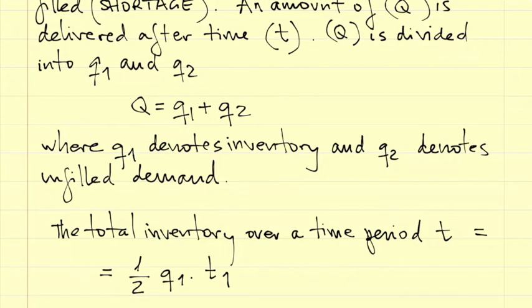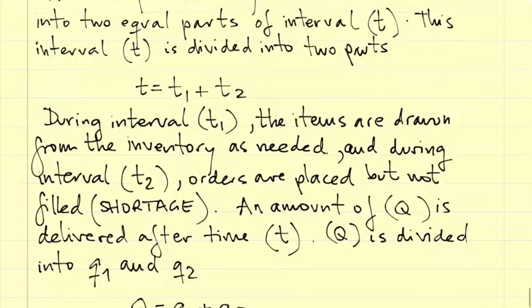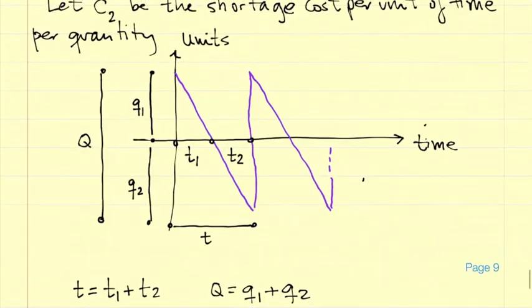This is the area of the triangle I painted in green. Sorry, area of the triangle. The area of the triangle is this. This is the total inventory, T1 times Q1 divided by 2. Okay. Is that cool?